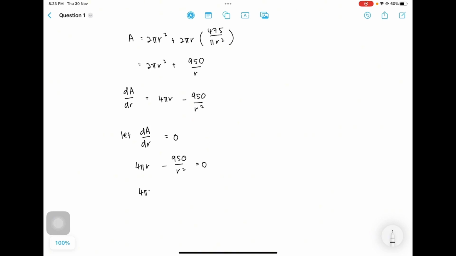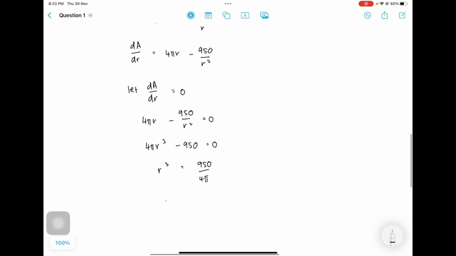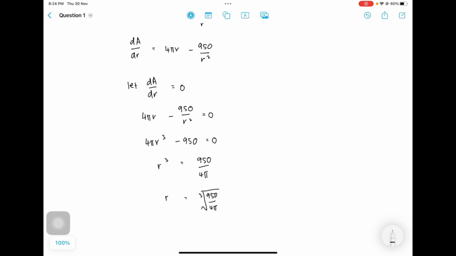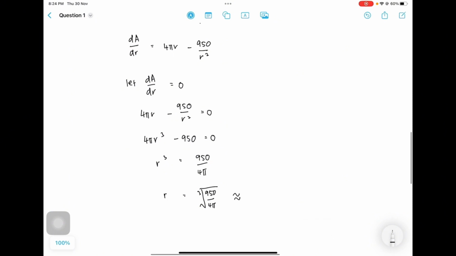4 pi r cube minus 950 is equal to 0, and we can get r is the cube root of 950 over 4 pi. And this r is approximately equal to 4.228 centimeter.